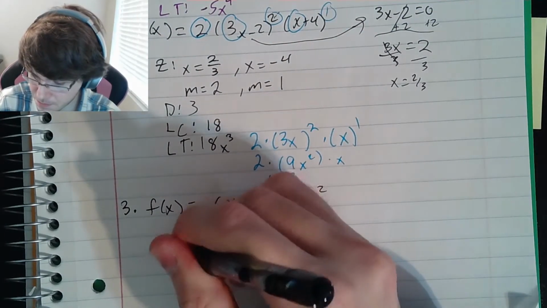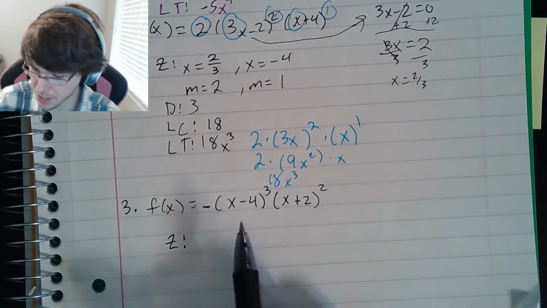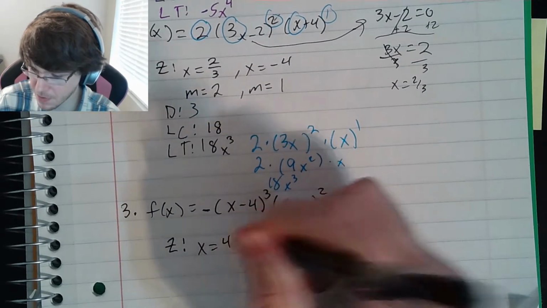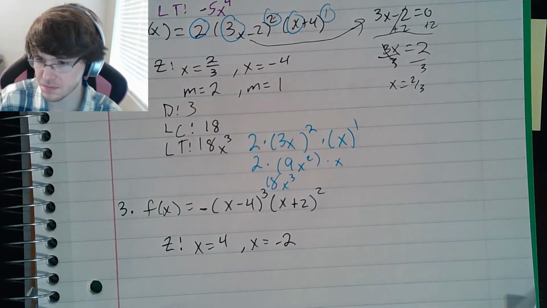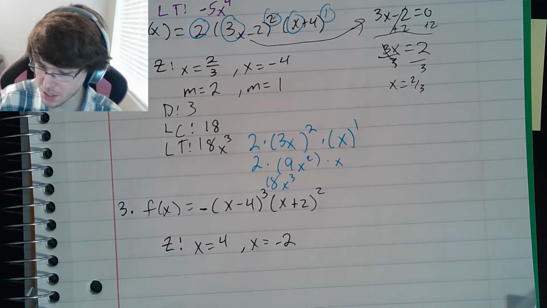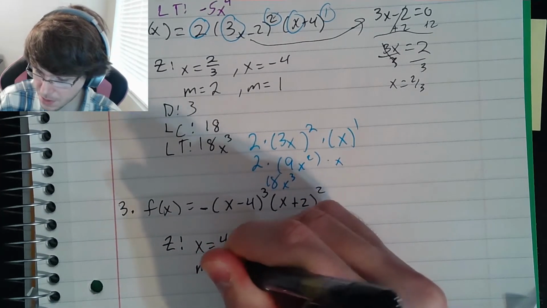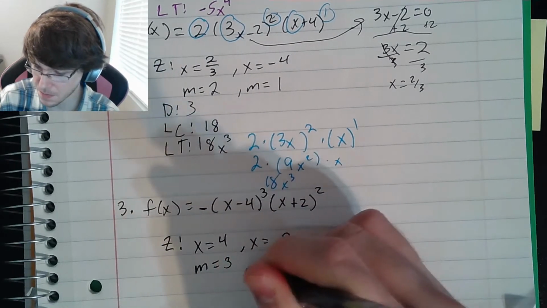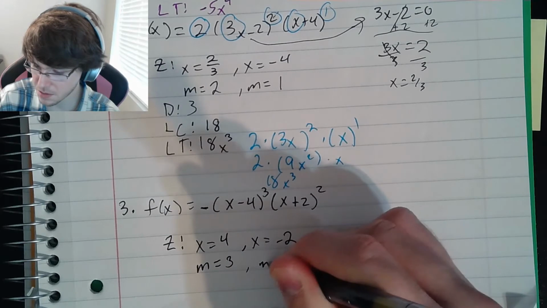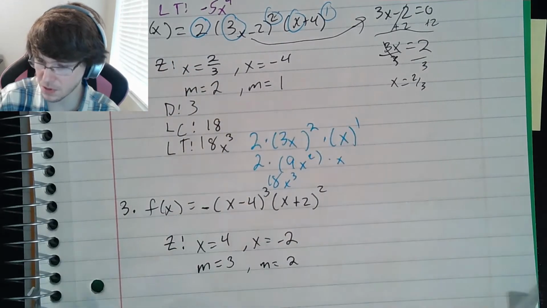So we have zeros. First 0 is x equals 4. The second 0 is x equals -2. The multiplicities of those zeros. The multiplicity of the first 0 here is 3, because its exponent is 3. Multiplicity of the second 0 is 2, because it has exponent of 2.